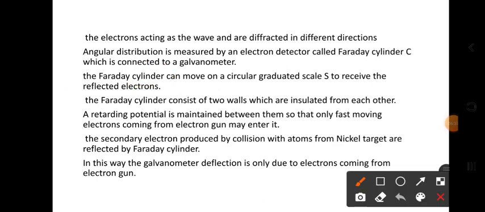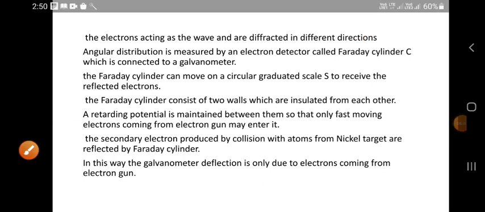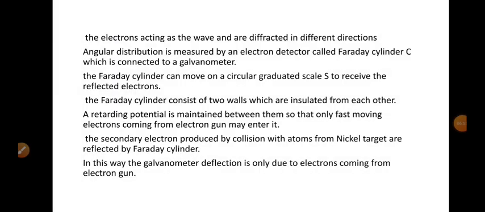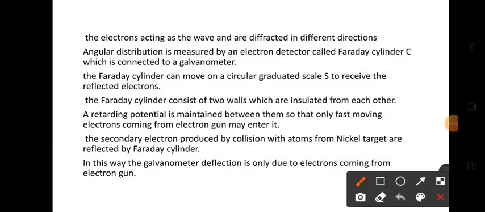And the next, a retarding potential is maintained between them so that only fast moving electrons coming from the electron gun may enter it.